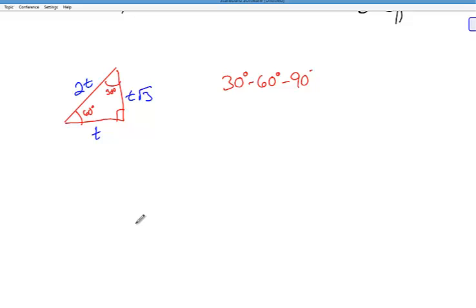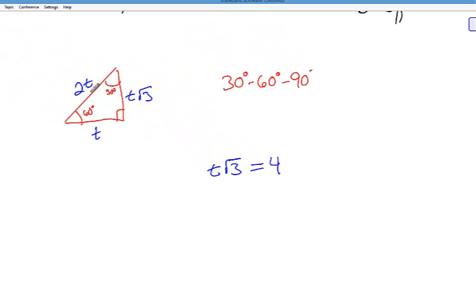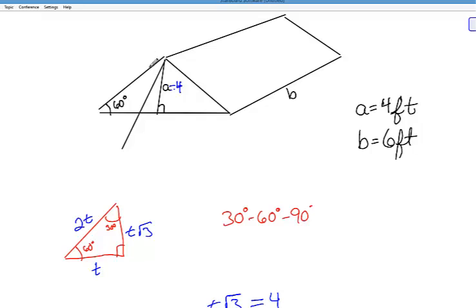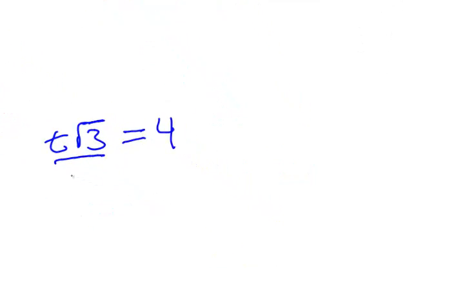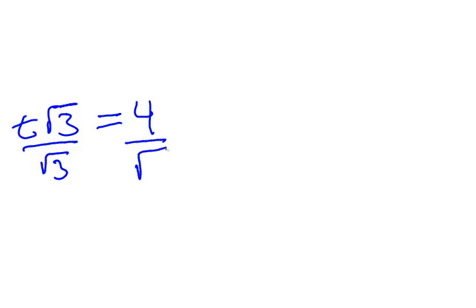So t times the square root of 3 is equal to 4. We want to solve for t because we need to find out what these sides are in order to find the actual area. If I solve for t, I divide by the square root of 3, so t is equal to 4 divided by the square root of 3.